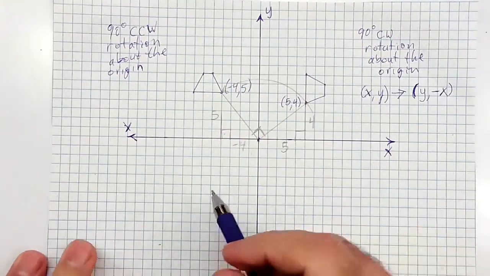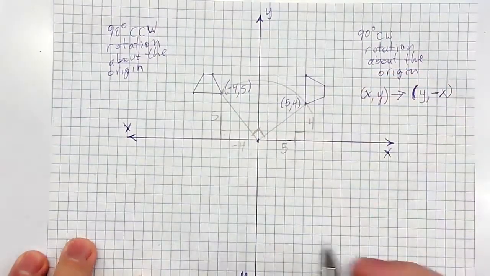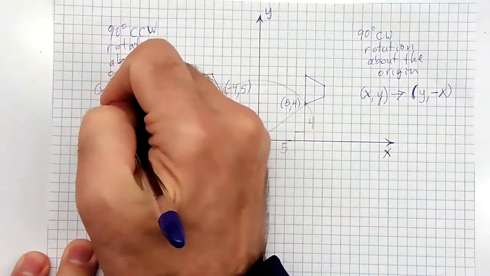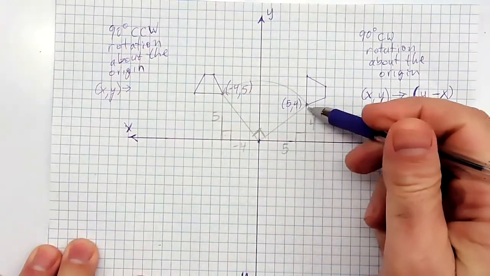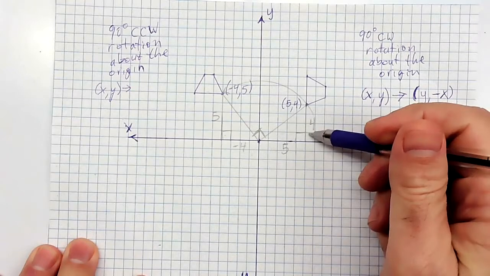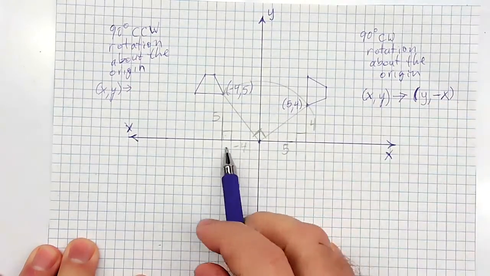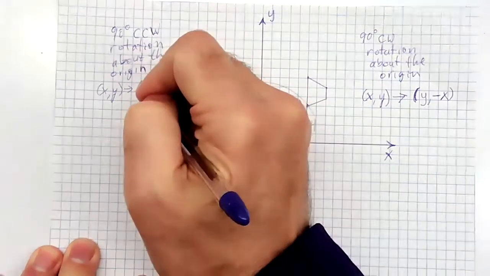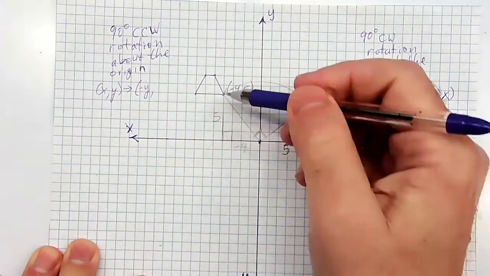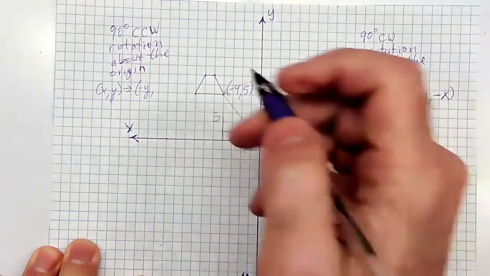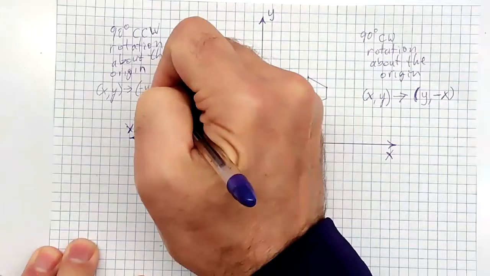That said, if we take 5, 4 to be our original x, y, then what's going to happen? Our y value, 4, is going to become our x value, and it's going to be the opposite. So we would say opposite y, and then our x value is simply going to become our y value, no change in sign. So x would go second.